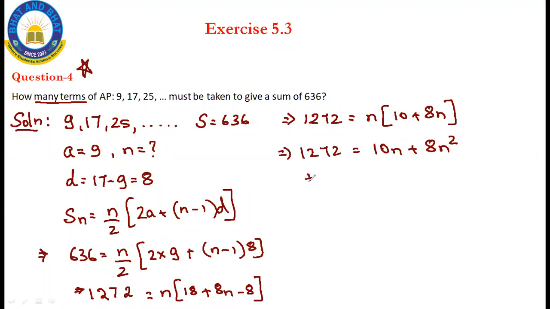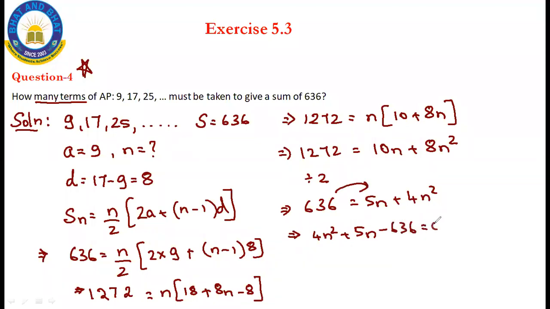Divide both sides by 2. If I do that, 2 sixes are 12, 2 threes are 6, 2 sixes are 12, 2 fives are 10, plus 2 fours are 8. Now let me take all the terms on a single side. First I will write 4n square plus 5n, and if it goes this side, minus 636 is equal to 0.